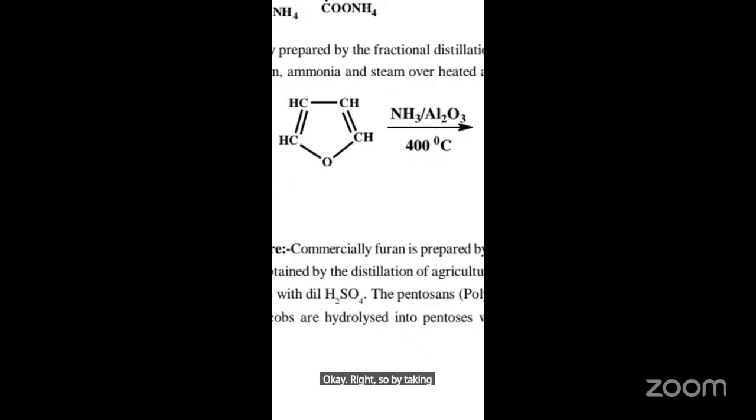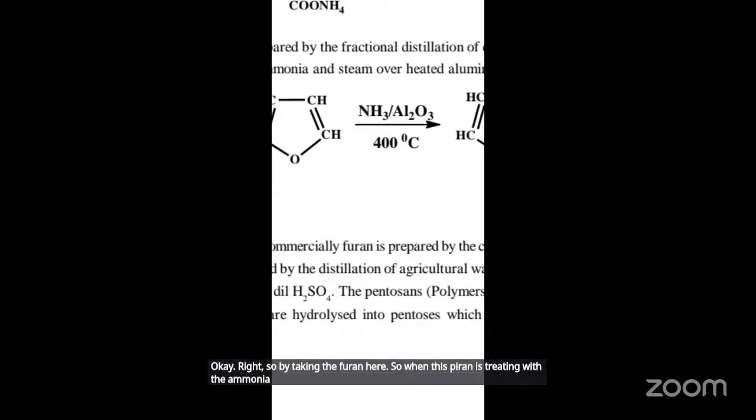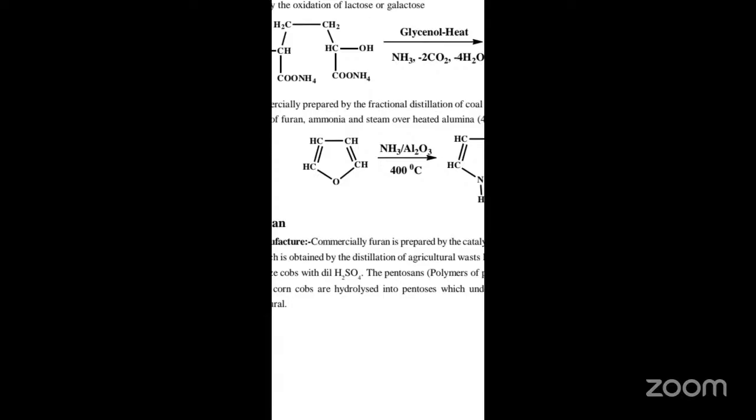So when this furan is treated with ammonia and aluminum trichloride, which we call alumina, you need to apply higher temperatures.